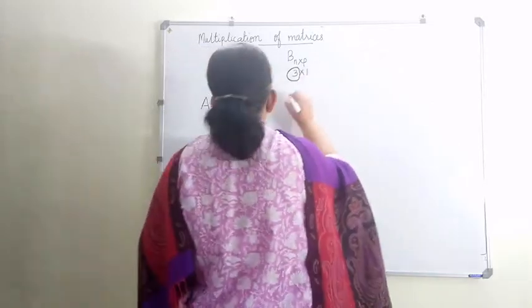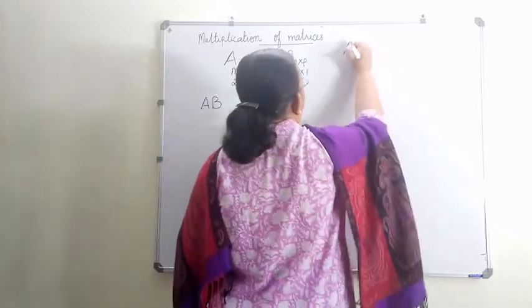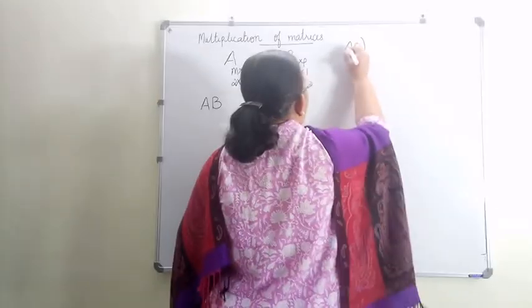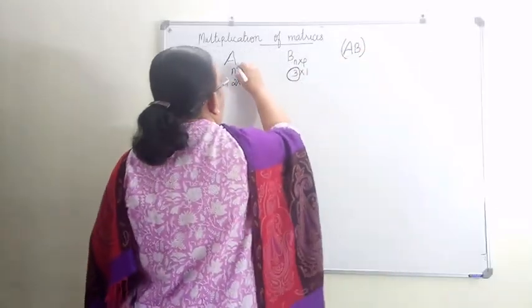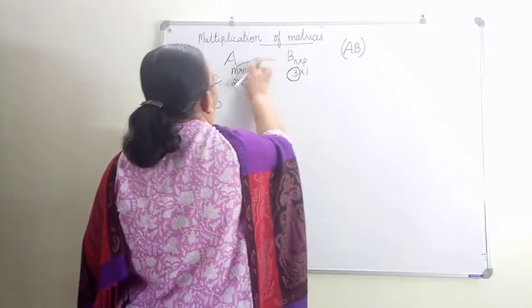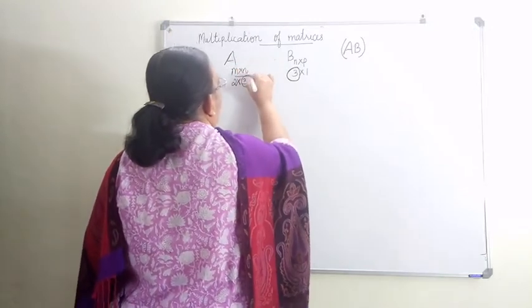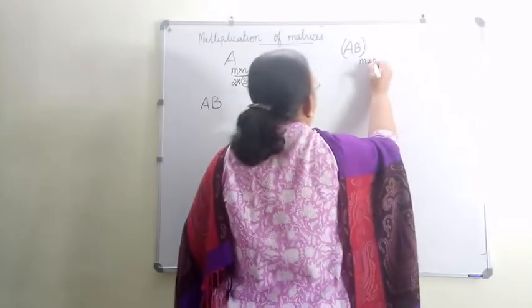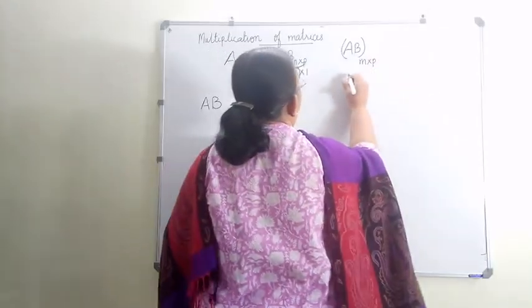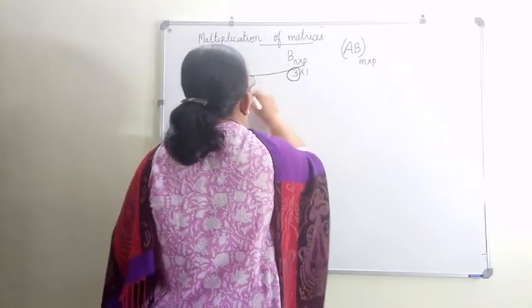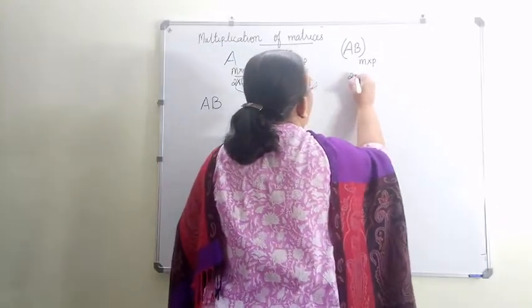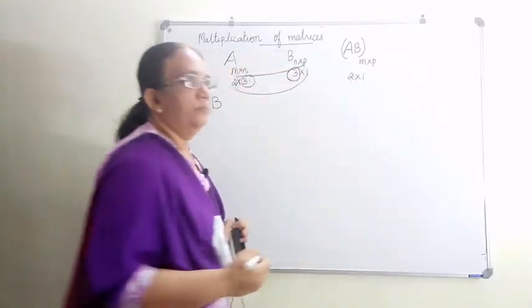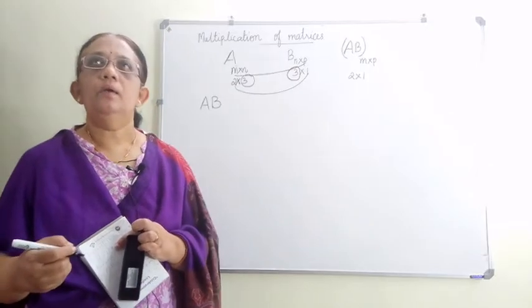Then the product AB will be a matrix of order m by p. So here, what will be the product? It will be of order 2 by 1. 2 rows and 1 column.